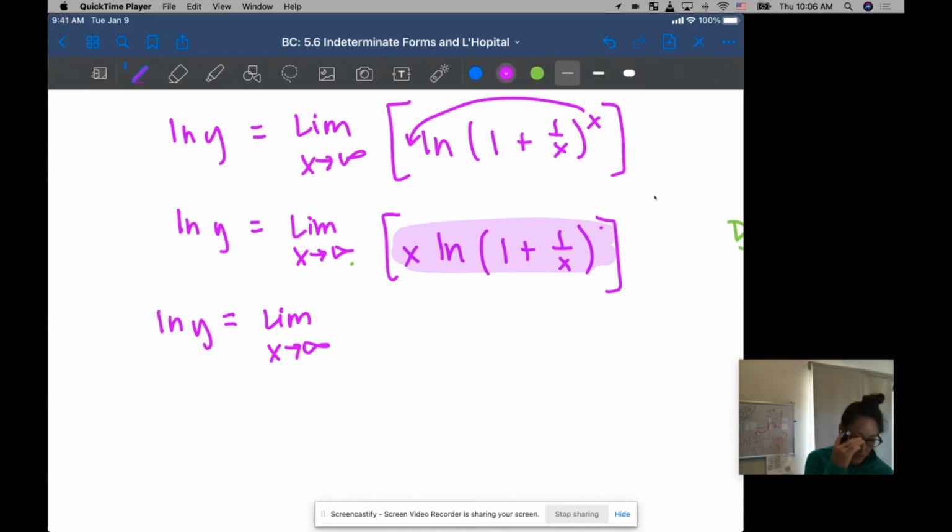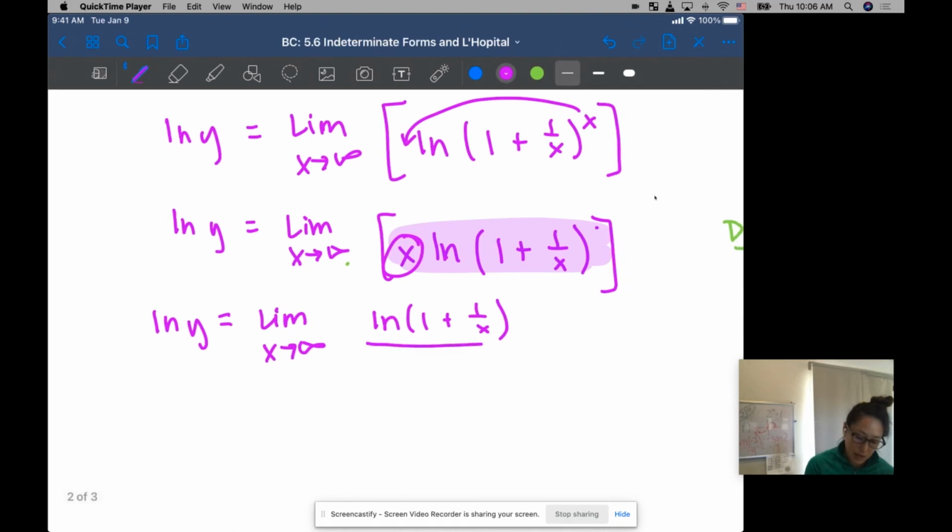I'm going to do that by keeping the ln of 1 plus 1 over x, this is a fancy trick, and then I can rewrite x in the denominator as 1 over x. Like if I wanted to get that out of the denominator, you would just multiply the numerator and the denominator by x over 1, and it preserves the form. So we're like unsimplifying.